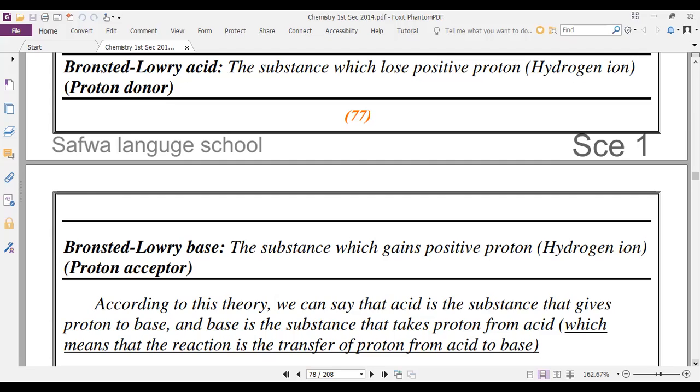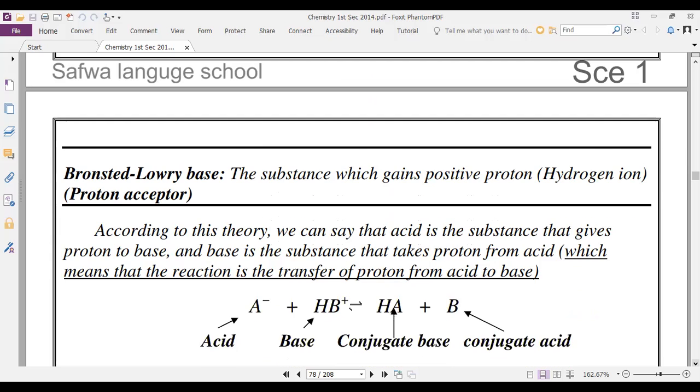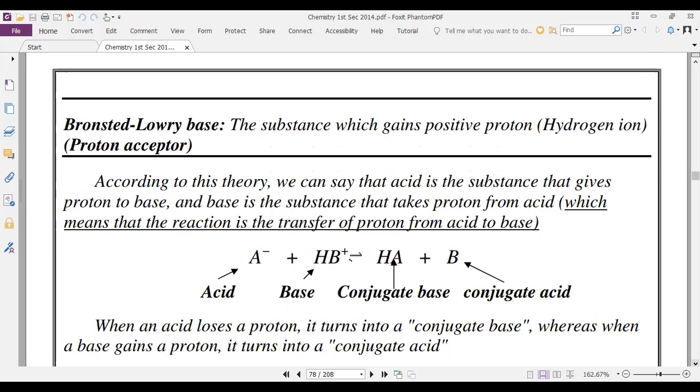Bronsted-Lowry base. So according to this theory, an acid is a substance that gives a proton to a base, and a base is a substance that takes a proton from an acid, which means that the reaction is the transfer of a proton from acid to base. In summary of this theory, the reaction is the transfer of a proton from acid to base.